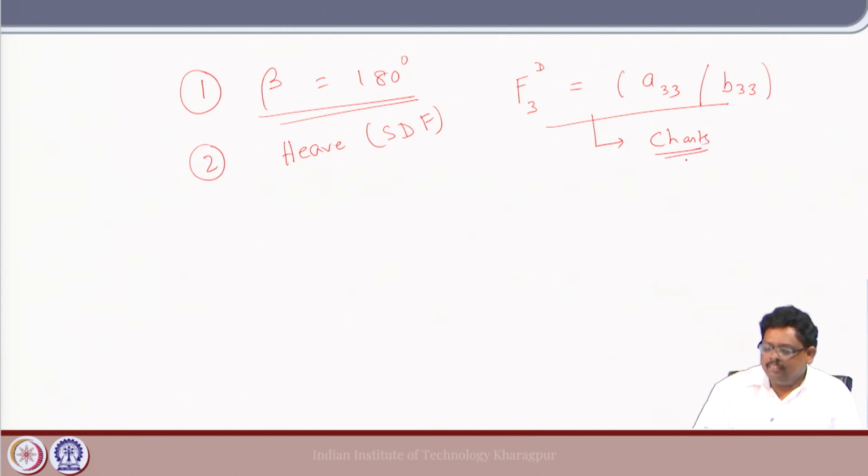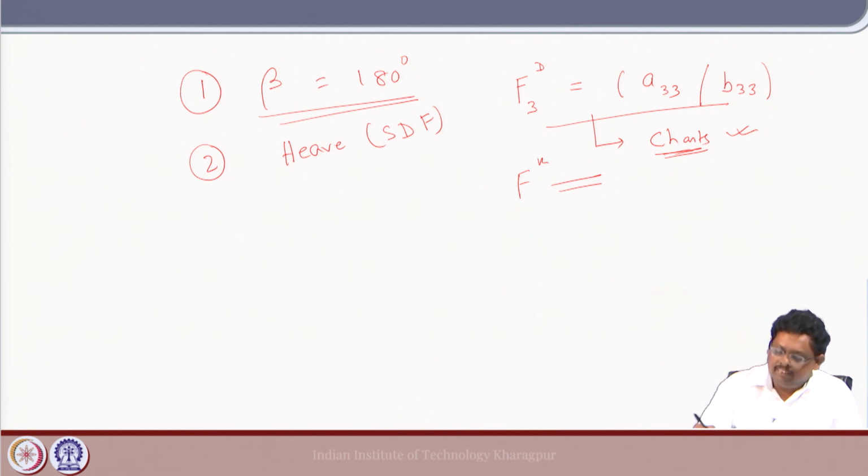This chart, maybe I will try to prepare and give to all the students, so that you can get it. So, the A33, B33 you get from the chart, and then the Froude-Krylov force, Fk force, is analytical. So, you know how to do that.